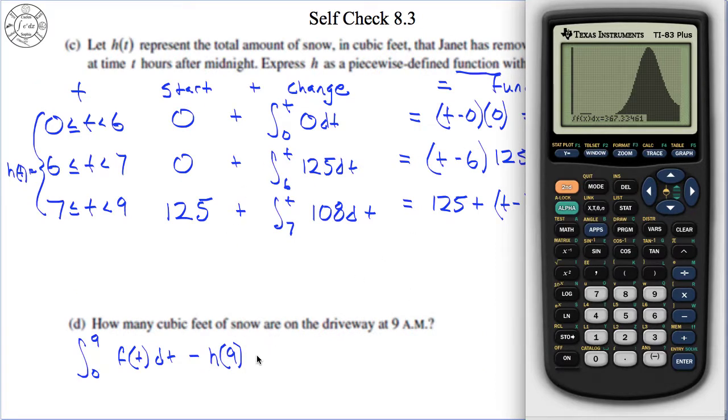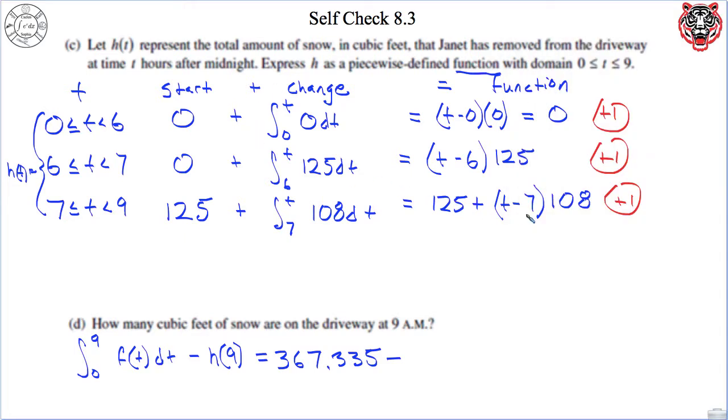So this is going to be equal to 367.335. And I'm going to subtract however much snow Janet has removed. Since I have a function from part C, I'm just going to do that. The function from part C says I do 125 plus 2 times 108.